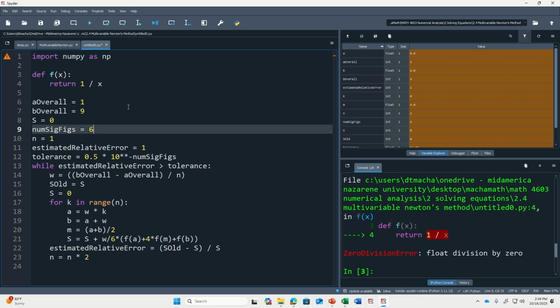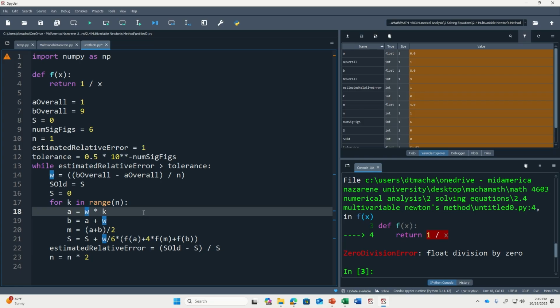But if my lower bound is 1 and my upper bound is 9, why would I ever be trying to divide by 0? That's not good. Oh, because my lower bound is supposed to be a overall plus the width times k. That's right.